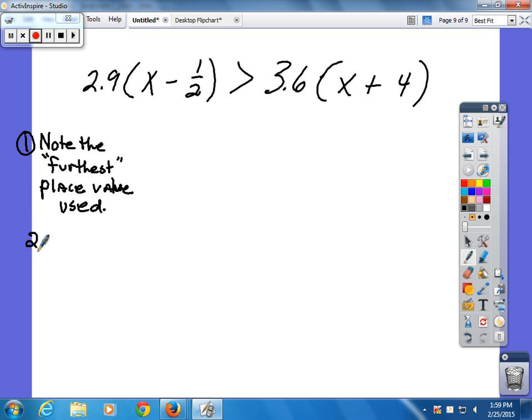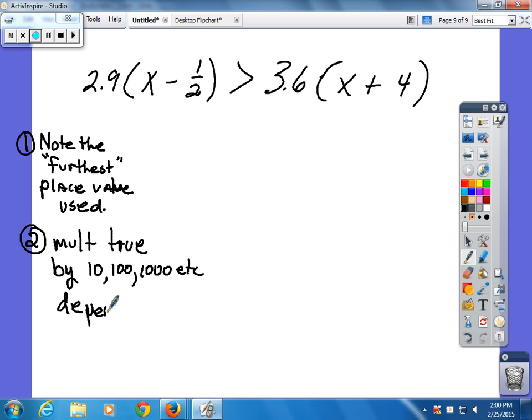So 2, multiply through by tens, hundreds, thousands, etc., depending on number 1. Now, if you didn't know the trick about multiplying and dividing by tens, hundreds, and thousands, what's the rule?